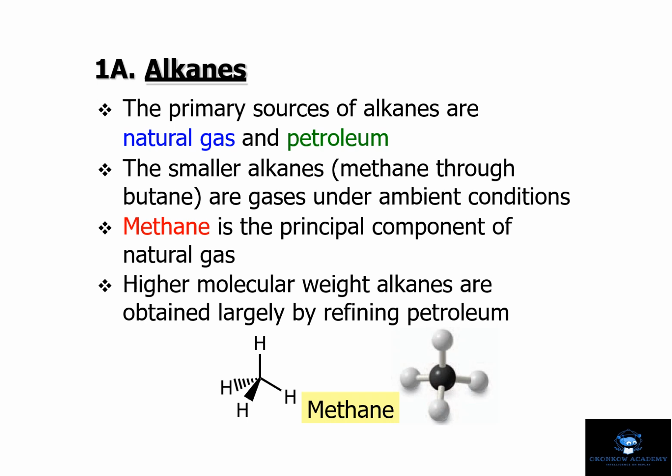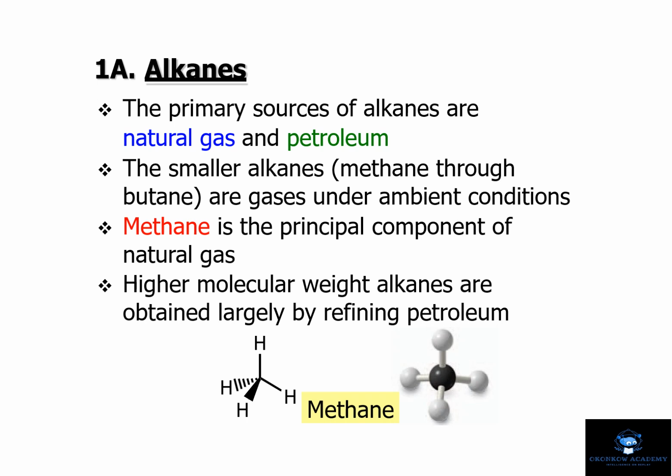So, alkanes. Alkanes are obtained primarily from natural gas and petroleum. Methane, ethane, propane, and butane are all gases at room temperature and atmospheric pressure. Methane is the principal component of natural gas.